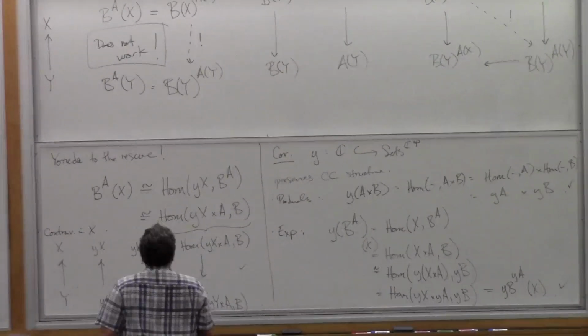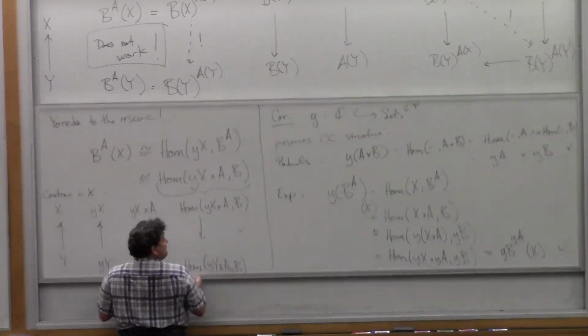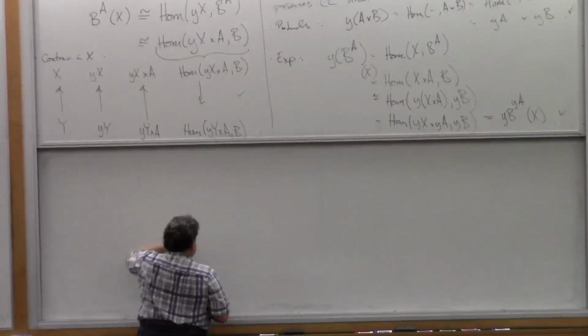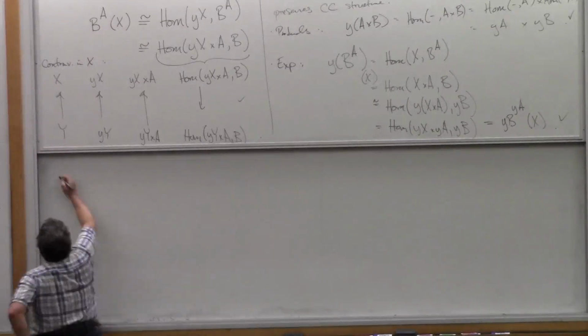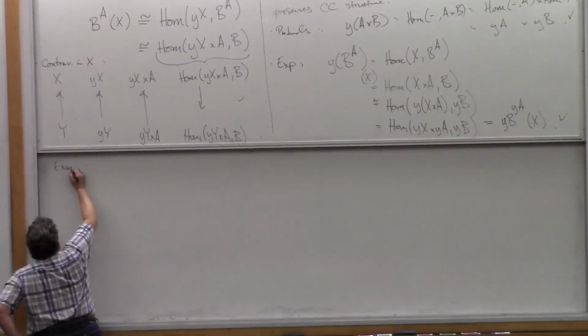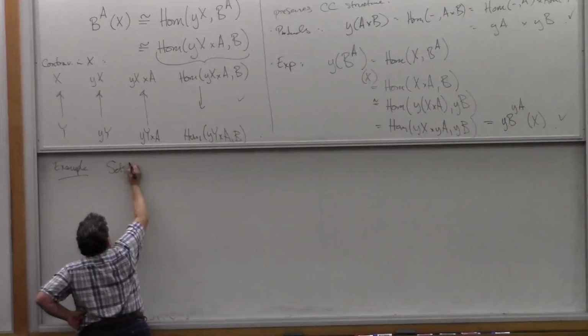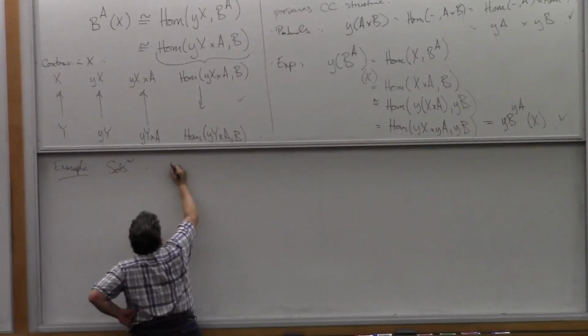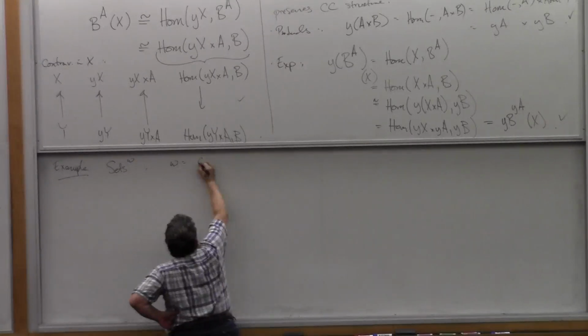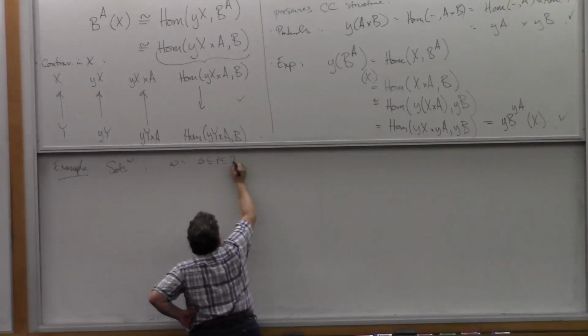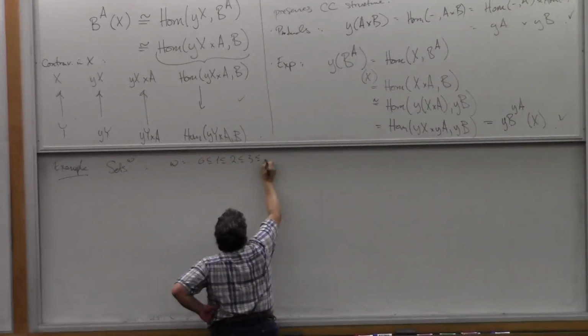Let's look at an example that we had before, which was sets through time. There the poset was just omega: 0 less than 1 less than 2, and so on, forever and ever.